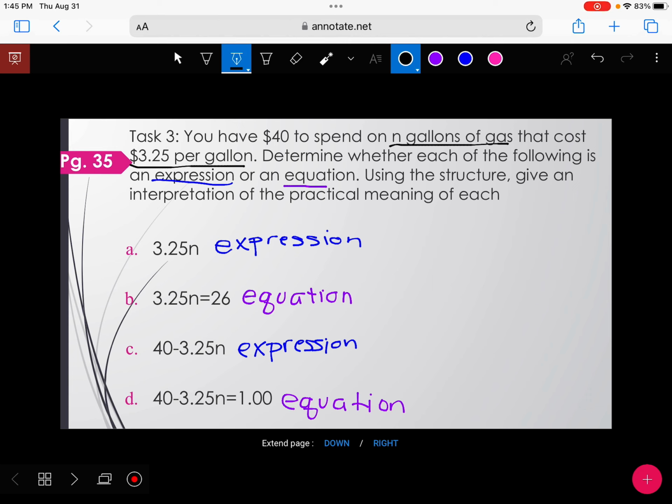So the 3.25n tells me the total cost for n gallons. That expression tells me the cost. So expressions are going to spit out a number.